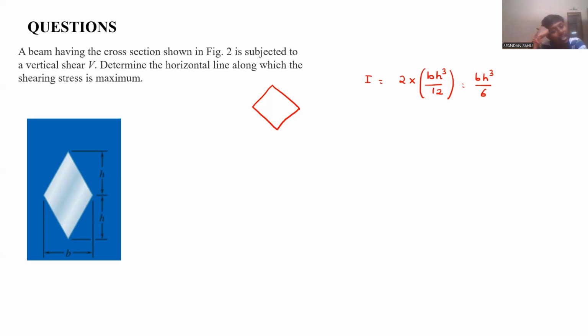But when you check this question, you will find that as your h varies from bottom to top, your width is gradually varying. That is, b is maximum at the center, and on either side it is reducing.